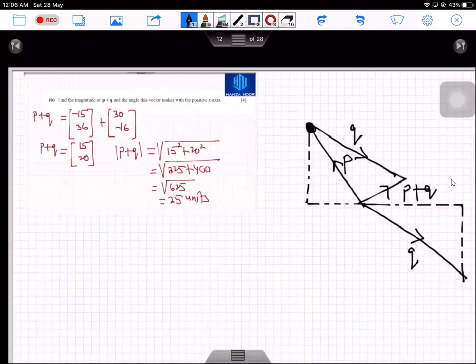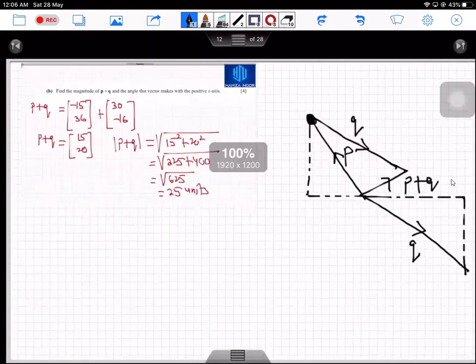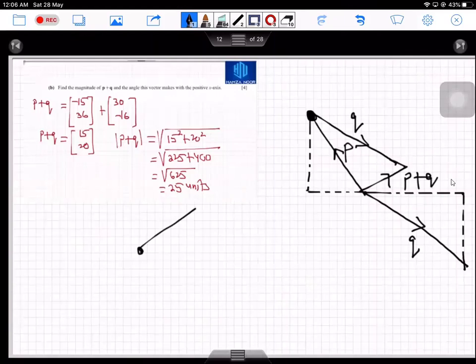So for the vector P plus Q, I'm just going to make a separate sketch, as I know in which direction the P plus Q vector is going, as I already know that P plus Q is 15i plus 20j. This diagram is just for your understanding.